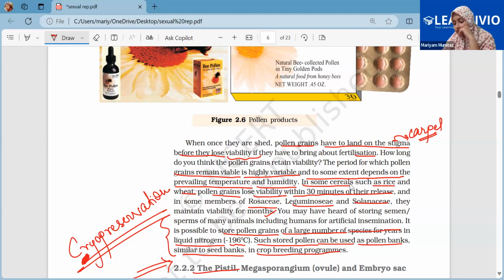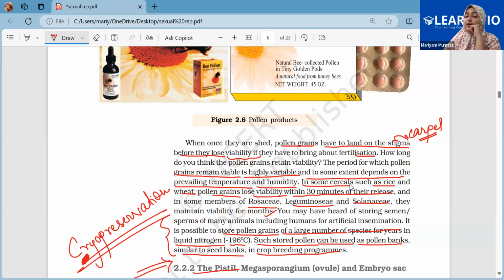Is it the pistil? Pistil and carpel are the same thing. So what are they? They are the female reproductive part. Yeah, the female reproductive part.